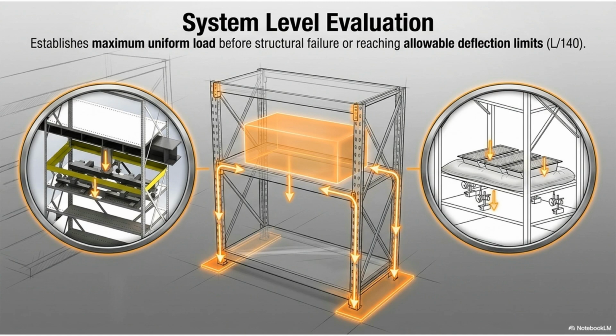At the system level, the complete shelving unit is evaluated under uniform load. The test establishes maximum capacity before failure, or before reaching the allowable deflection limit set at L/140. Two different scopes, both necessary.